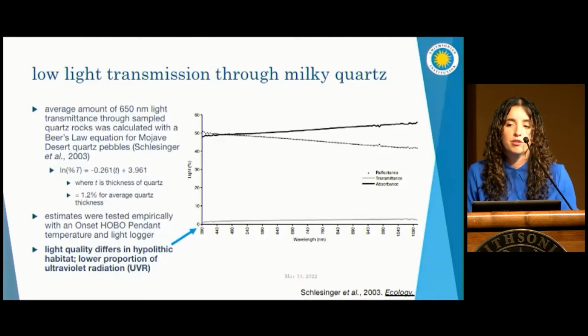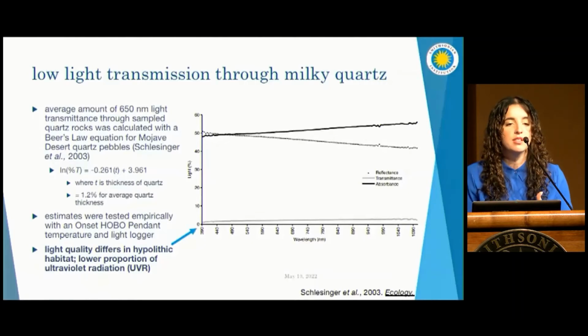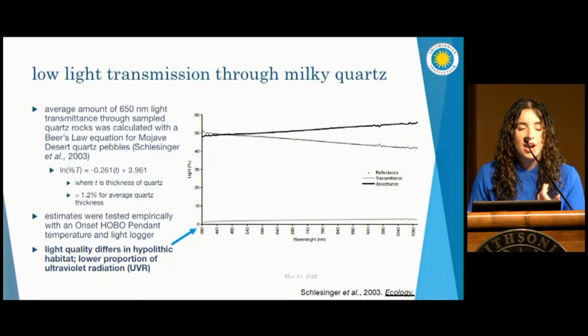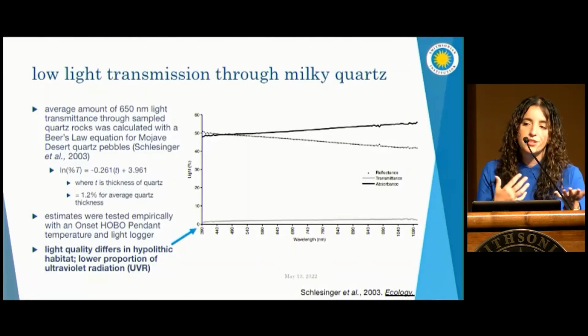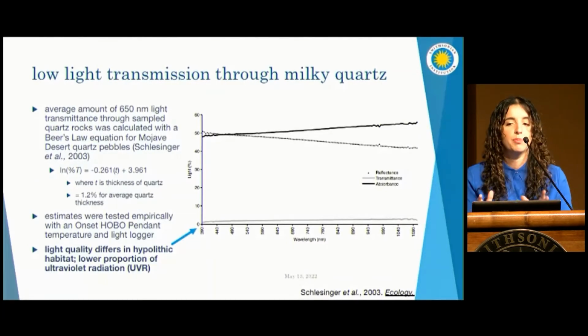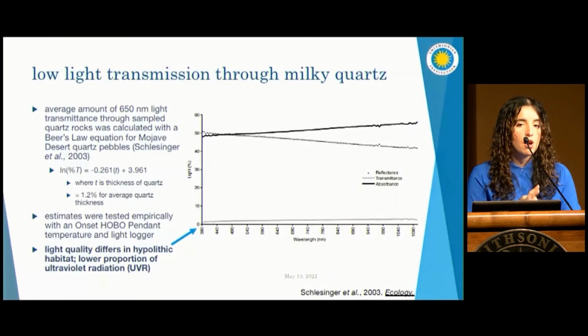That's important because the smaller wavelengths is where ultraviolet radiation is, which can be quite damaging to plants, not always, but can be. And so they're not only getting really low light under the rock, they're getting different light quality. Whether that's good or bad may be yet to be determined, but it's distinct for sure, with a lower proportion of ultraviolet light.